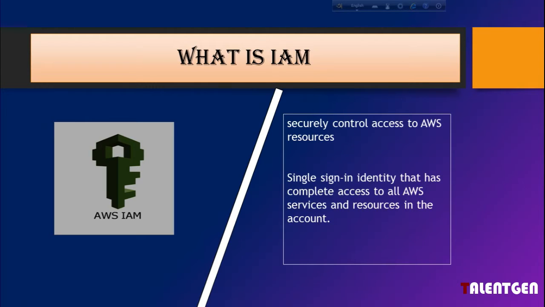When you first create an AWS account, you begin with a single sign-in identity that has complete access to all AWS services and resources in the AWS account. This identity is called the AWS root account.